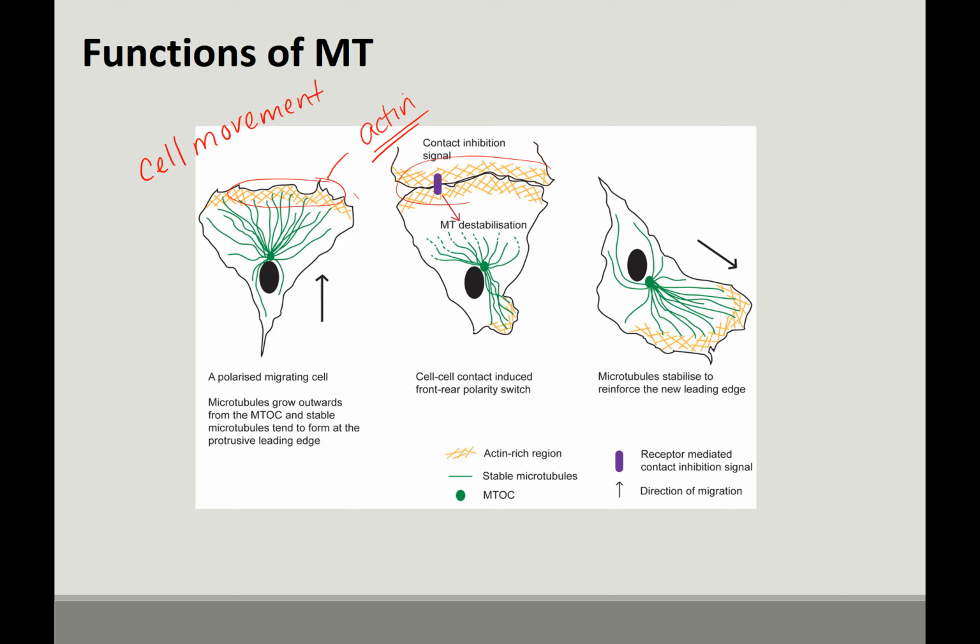Okay, so we've got microtubules and microfilaments working together. But microtubules can grow and help a cell move. So a migrating cell may be moving to communicate with another cell, may be moving to a new location. And we're going to talk about this with respect to cancer, because if you've heard of metastasis, that has to do with cells moving to a different location in the body.